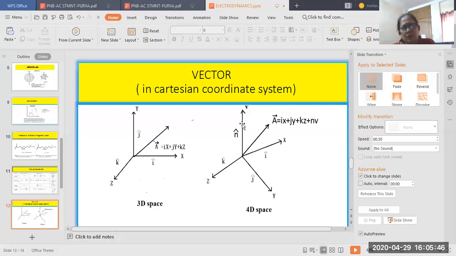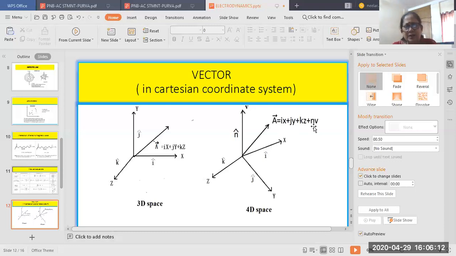So coming to the next dimension, I am adding one more axis. Let us say I call this one more axis B, some alphabet I have taken, and the unit vector along it I have taken as n cap. Along x it is i cap, j cap, k cap, along this it is n cap. If I use the same notation in 4 dimensions, how can I write it?